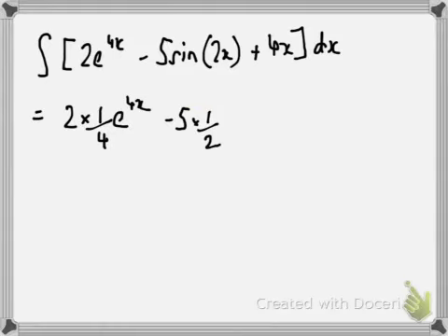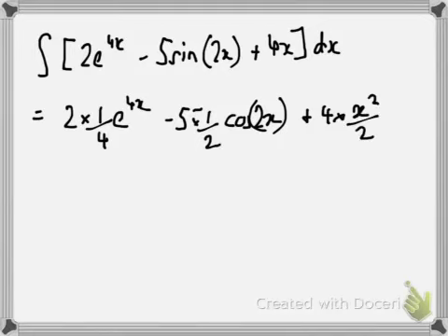I should have put negative a half there. Negative a half, cos 2x, the 2x doesn't change, and plus 4x squared. The integral of 4x, remember, is we add 1 to the index, so it's plus 4 times x squared over that same index. Have a look at those three, and that is really good because it shows us all the different integration skills that we've learnt so far.